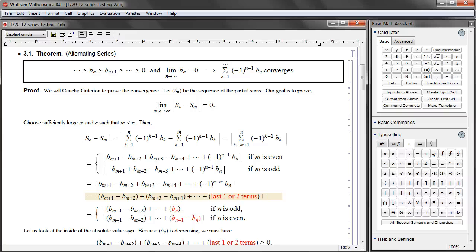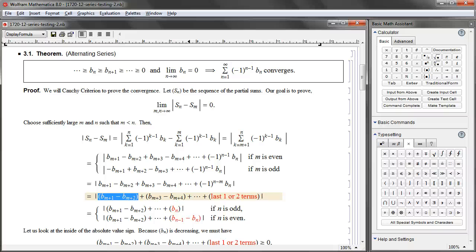Next one, b_{m+1} minus b_{m+2}, b_{m+3} minus b_{m+4}, and so on and so forth, pair up like this. So we have in the end the last 1 or 2 terms there. And each parenthesis there is positive. That's a tricky step, and that's the ingenious thing, as a matter of fact. Because what's the alternating series?